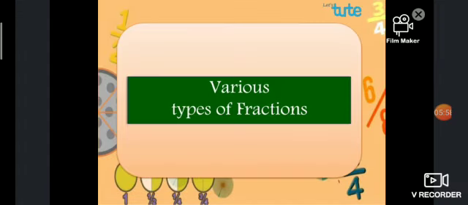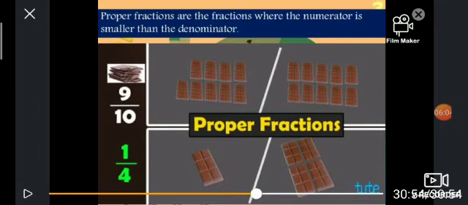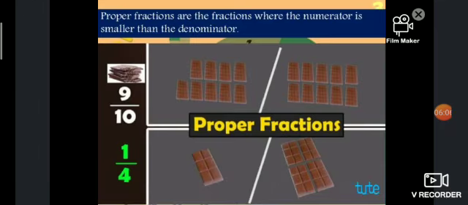Various types of fractions. Let's see. First one is proper fractions. Proper fractions are the fractions where the numerator is smaller than the denominator. That means the top number can't be bigger than the bottom number.